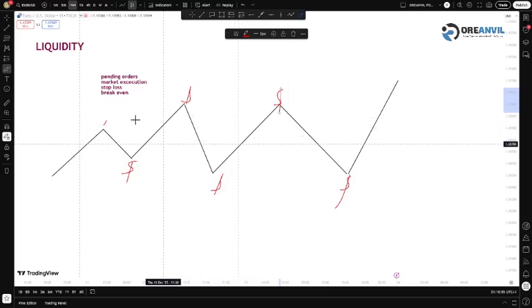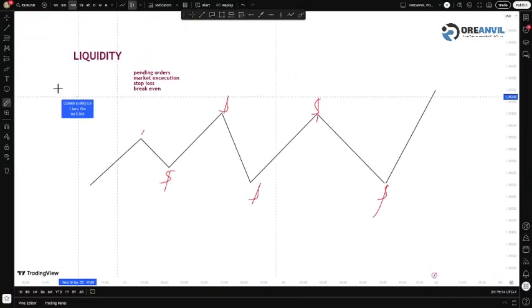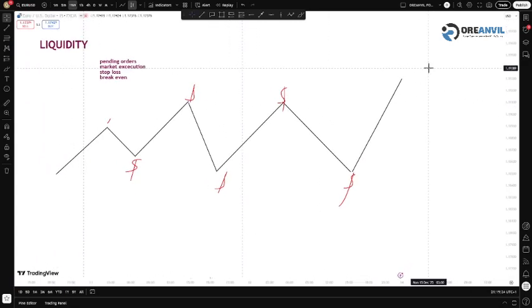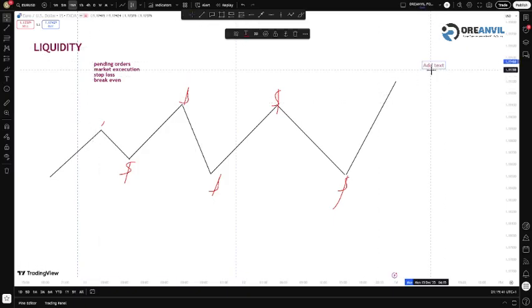Those four liquidity areas, we mentioned them to be: we have our transactional liquidity, for correction.